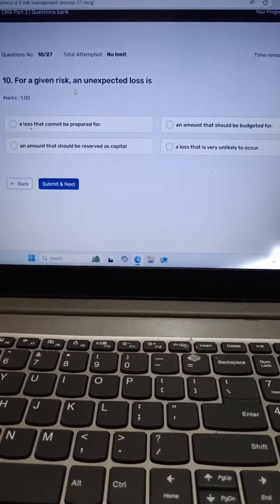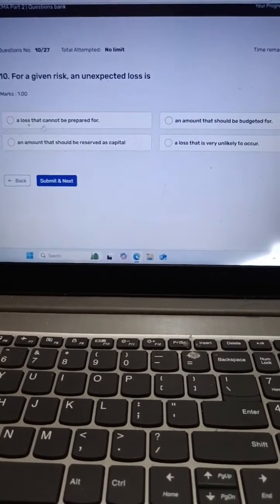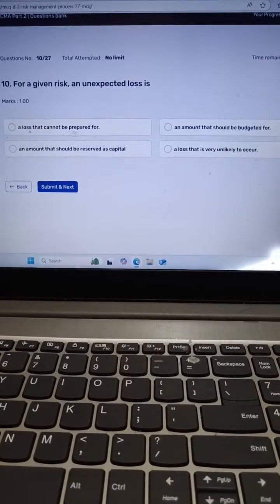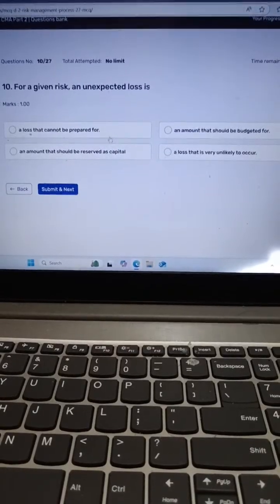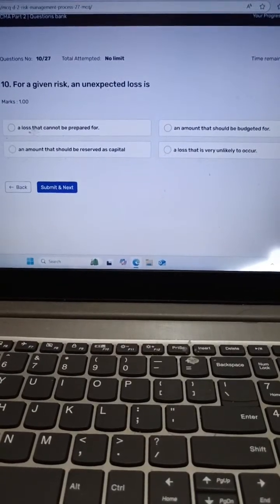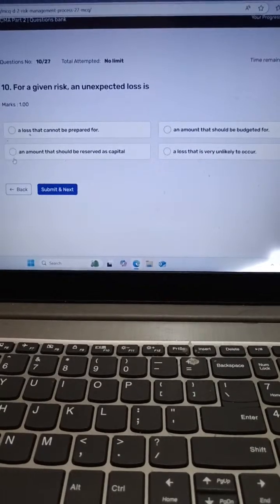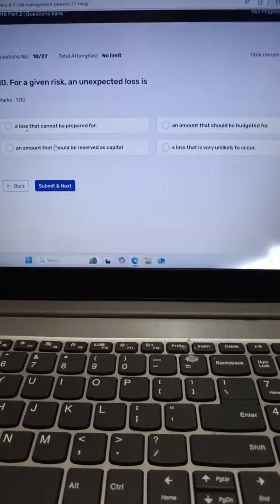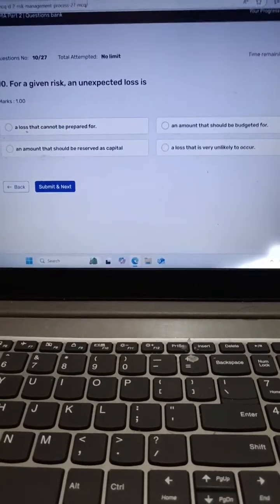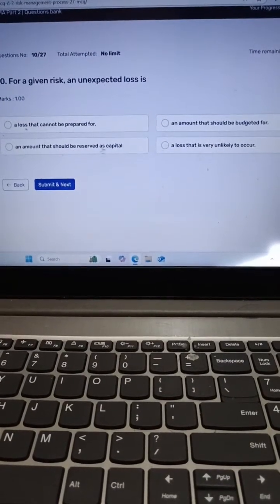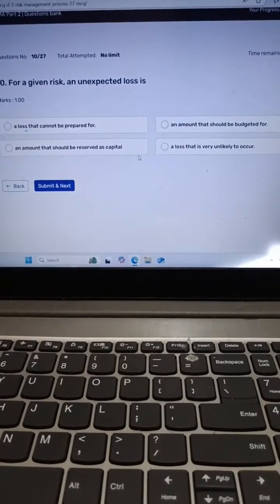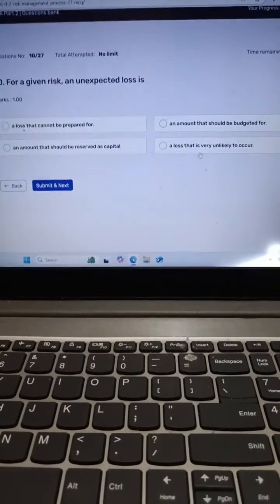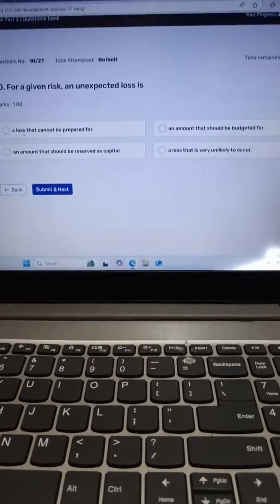For a given risk, an unexpected loss is a loss that cannot be prepared for. Unexpected loss means what? Not an amount that can be prepared, an amount that should be budgeted for, or an amount that should be reserved as capital, nor losses very unlikely to occur.